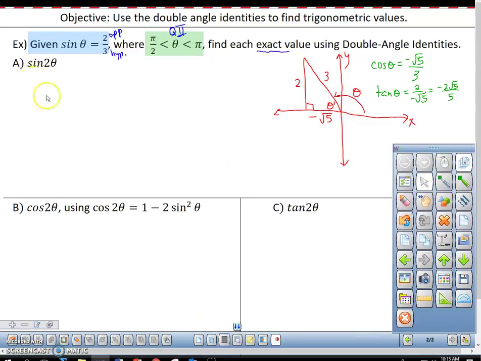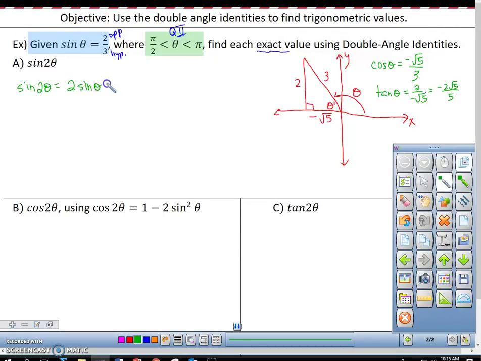All right. So going back to part A, sine of 2 theta. So we know that the sine of 2 theta, using a double angle identity, is equal to 2 times the sine of angle theta times the cosine of angle theta. And over here, we know sine of theta here is 2 over 3.